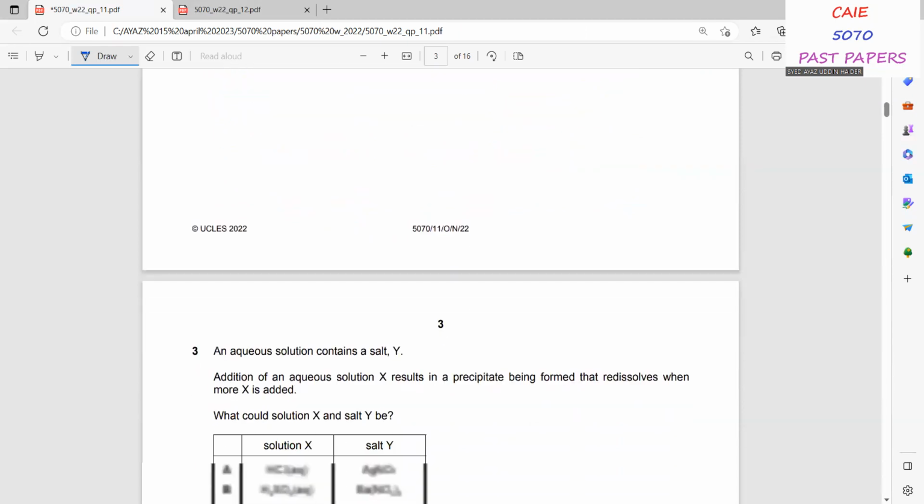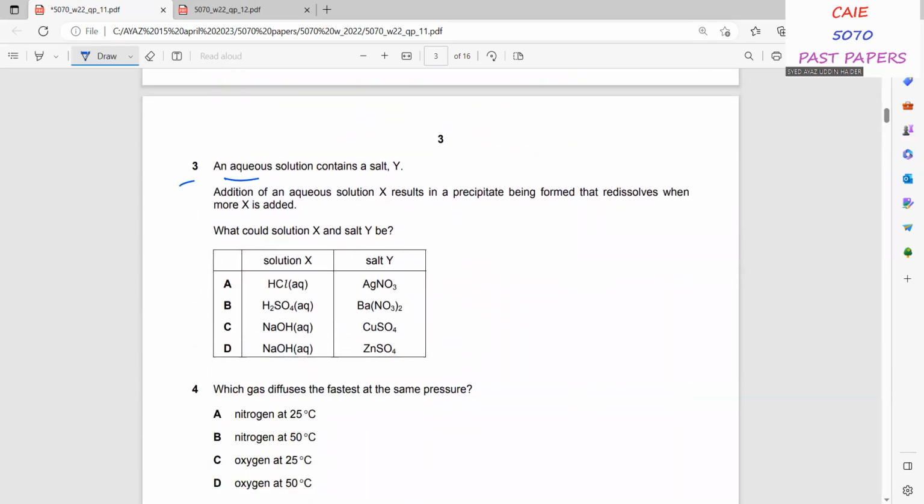Number 3, an aqueous solution contains a salt Y. Addition of an aqueous solution X results in a precipitate being formed that redissolves when more X is added. What could solution X and salt Y be? If solution X is HCl and salt Y is AgNO3, what will happen?